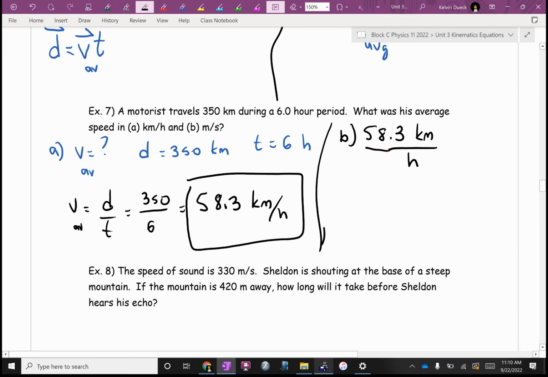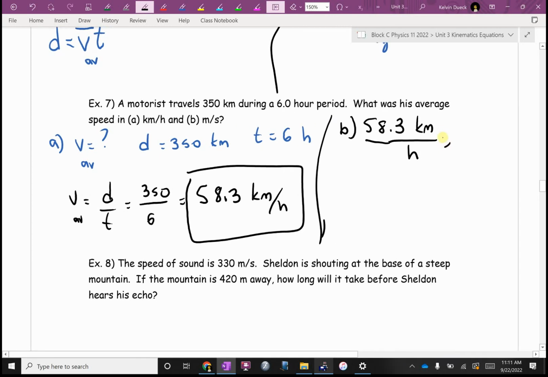I need to change kilometers to meters. I need to change hours to seconds. Which one do you want to do first? I don't care. Pick. Okay, so where's kilometers going to go in my conversion factor? On the bottom, and meters on the top, and kilo is 10 to the 3, and that goes where the kilo is. If I stop there, that would be meters per hour.